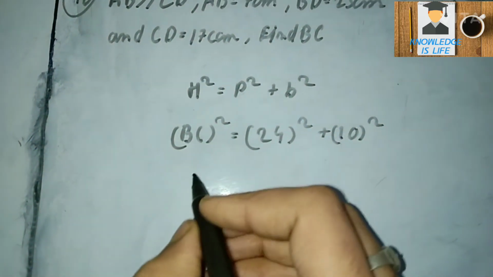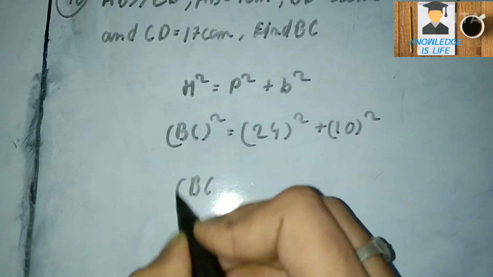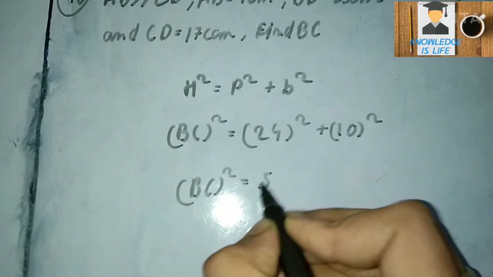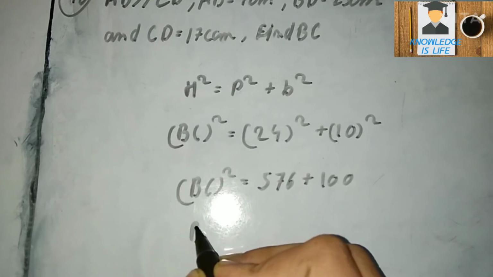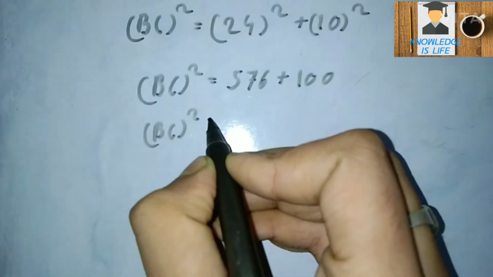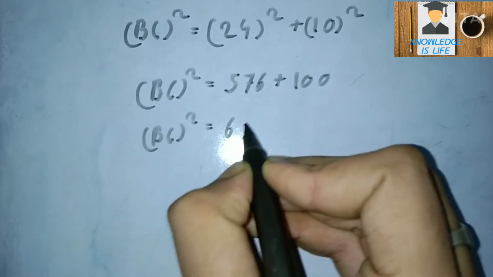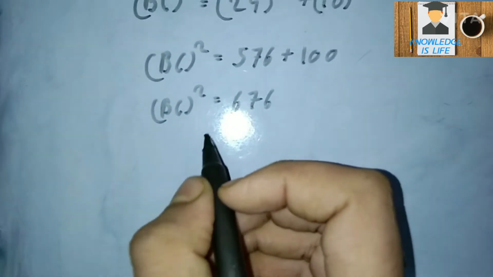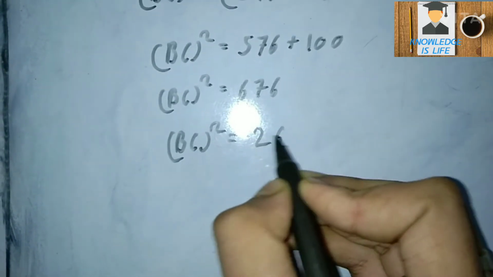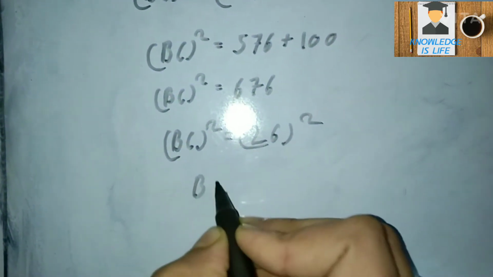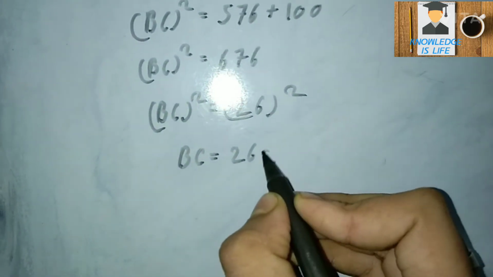Okay, so you can see here BC square equals 576 plus 100, and BC square equals 676, and 676 is the square of 26, so BC square equals 26 square, so BC is 26 centimeters. Because 26 multiplied by 26 gives 676.